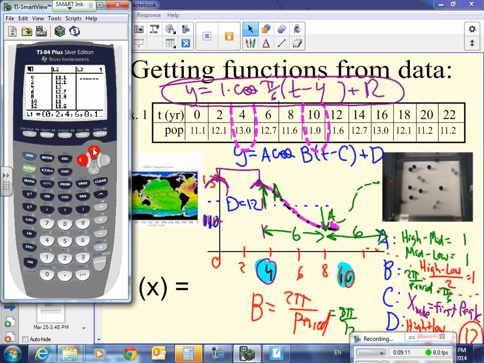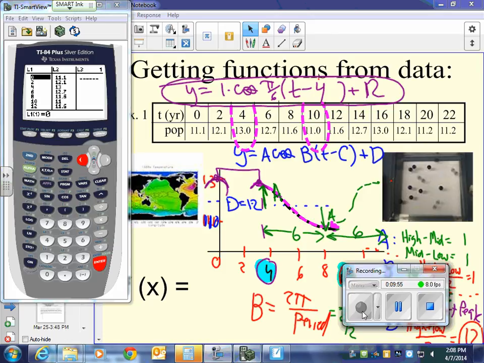Radian mode, yep. There it is. Good. So you're going to put in all the way to 2, 4, 6, 8 to 22, and then you're going to put all those values all the way to 11.2. And then when you're done, make sure that you have the same number of items in L1 as L2.